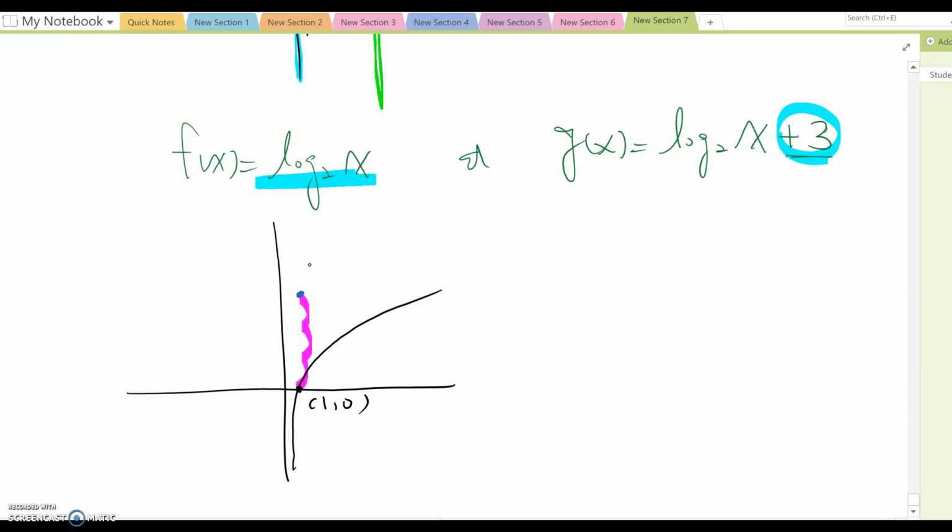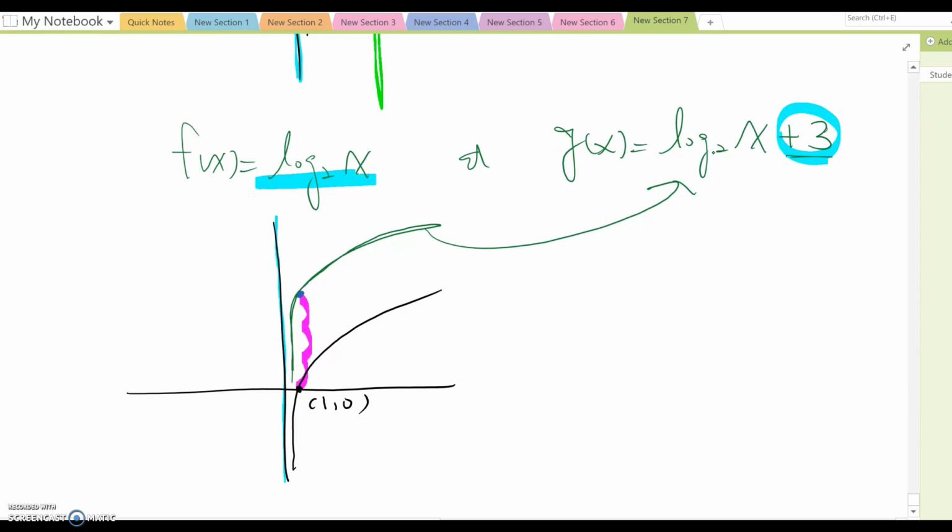But because it is not moving right or left, the vertical asymptote is still x equals 0, this line here. So the graph becomes this way. So that's the graph of this function.